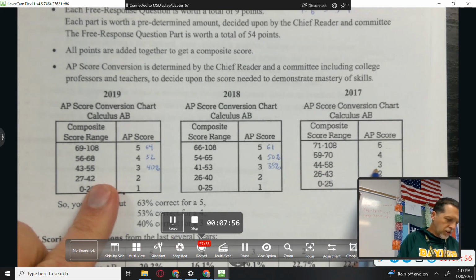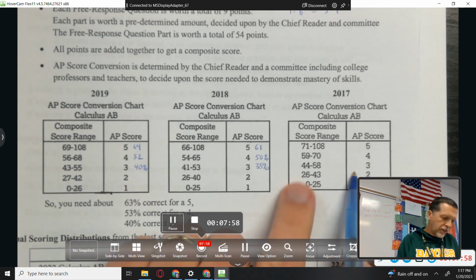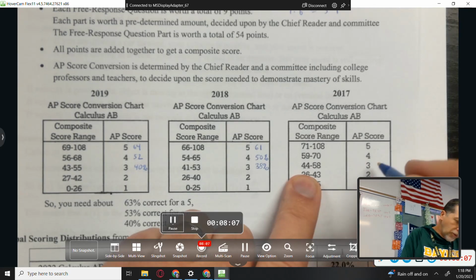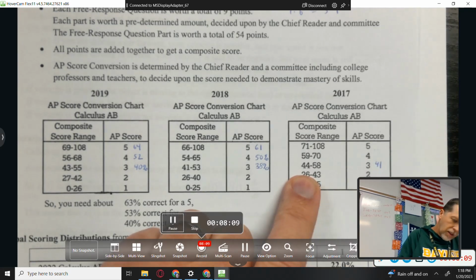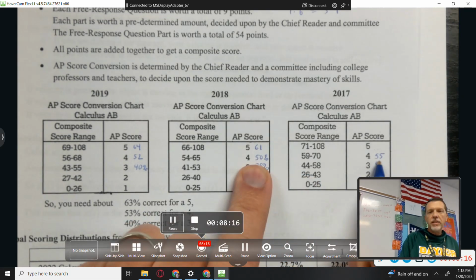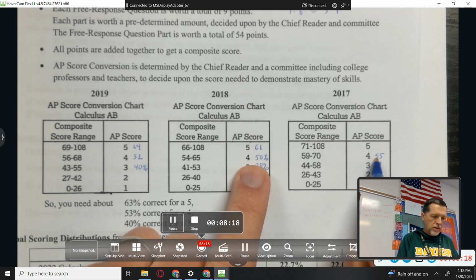Looks like 2017 was a little bit higher standard, I mean, only by 1 point. 44 divided by 108, that's a 41. 59 divided by 108, 55. So that is a significant difference there, 5 percentage points.